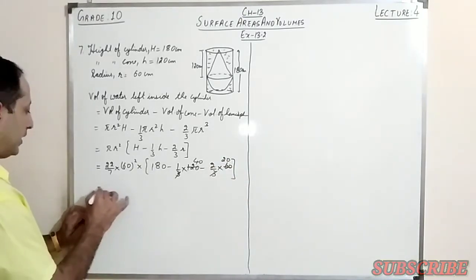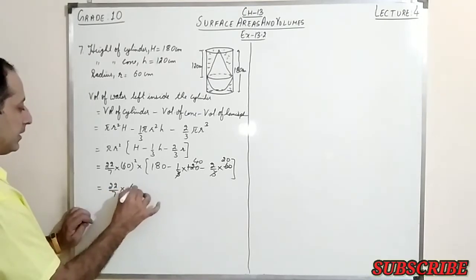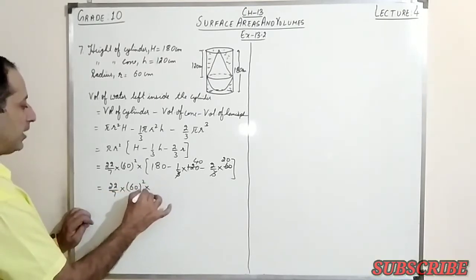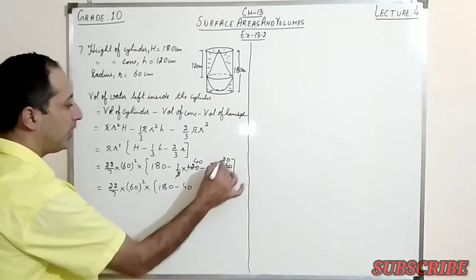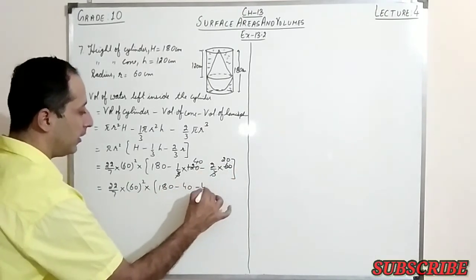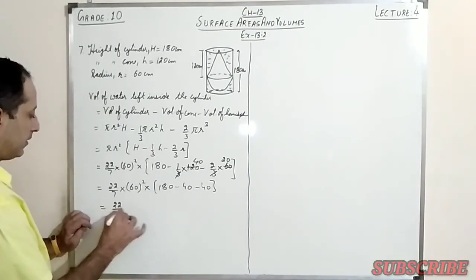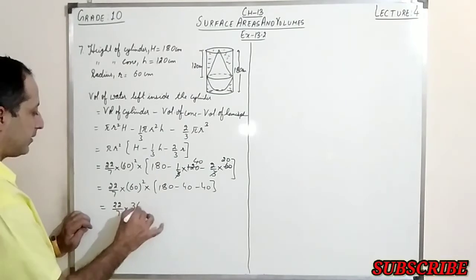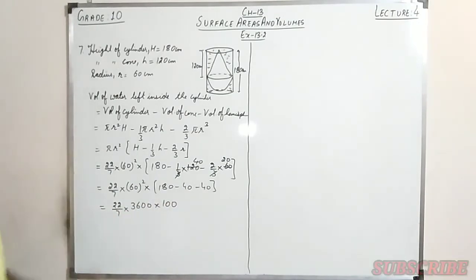So this is 22 upon 7 into 60 square multiplied by 180 minus 40, and this 20 into 2 becomes 40. So this is 22 upon 7 into 3600 and multiplied by 100. So this is what we have, right?